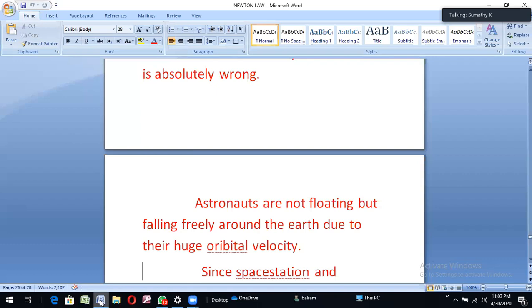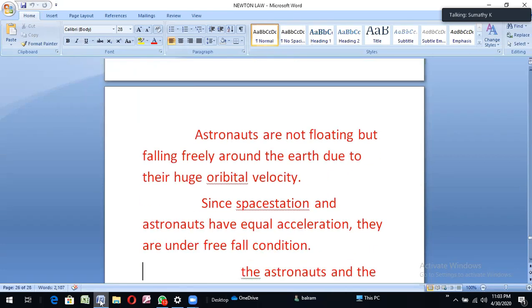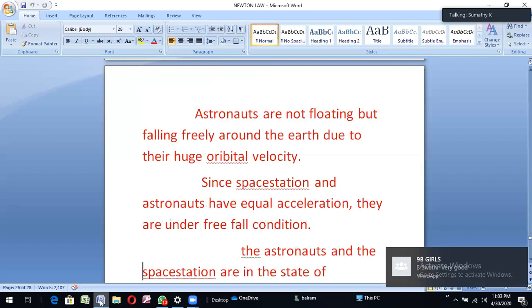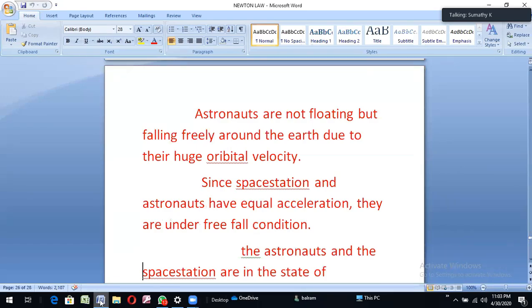Next one. Since the space station and the astronauts have equal acceleration, they are under free fall condition. Equal acceleration, as we already saw in the previous case. R is equal to 0.